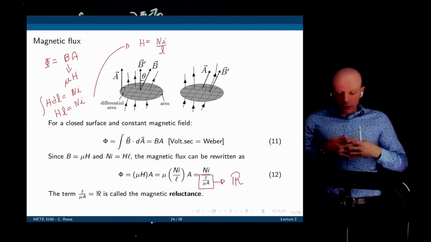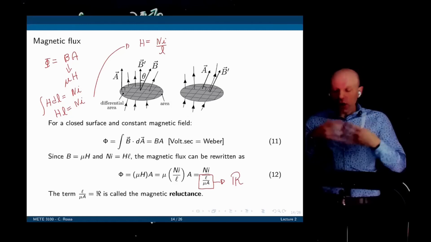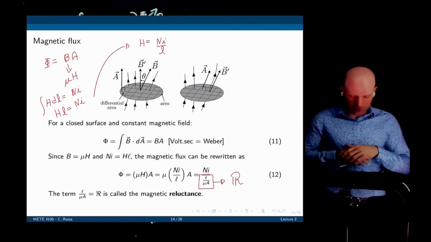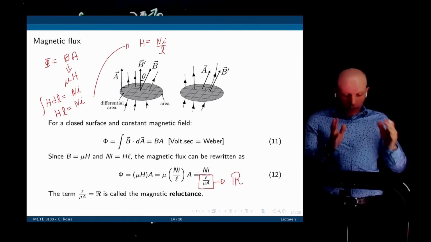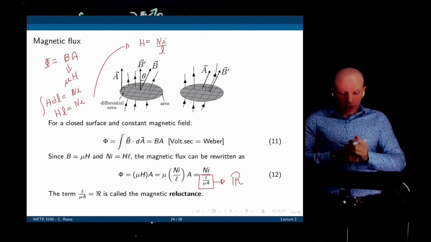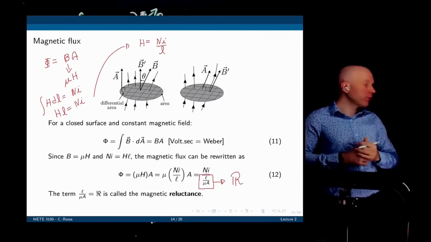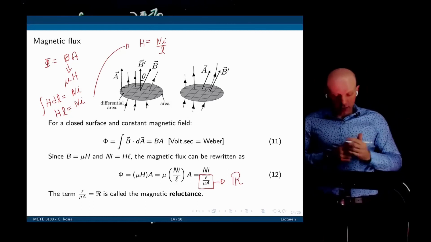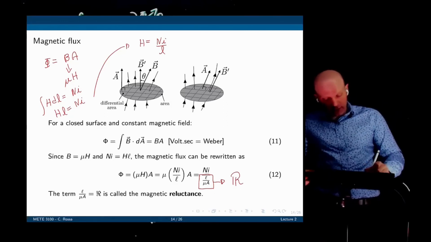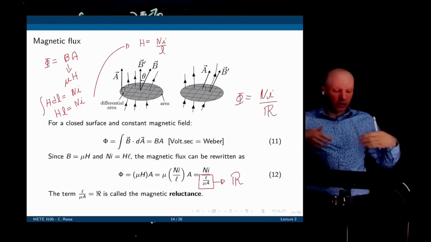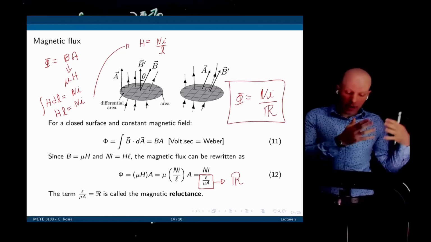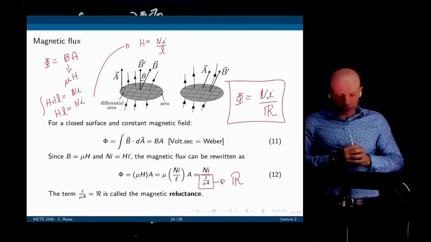The magnetic reluctance is an indication of how hard it is to establish a magnetic field in a given material for a given current and a given number of turns. So once again, A would be the area of that surface, and L would be the length traveled by the magnetic flux lines. R is then the magnetic reluctance. We can now define the magnetic flux as N times I divided by the reluctance. Ni is, let's say, the input to the system. R depends on the electromagnetic properties of the material itself.